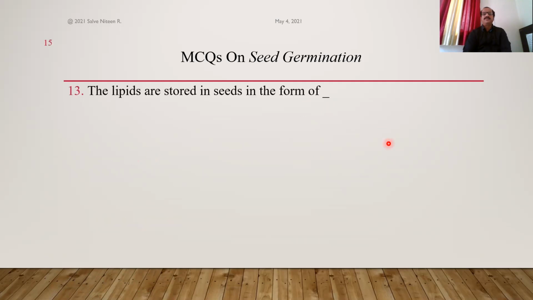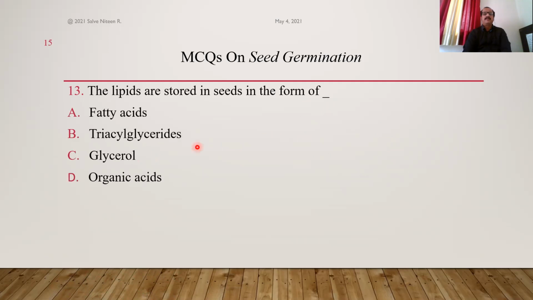The lipids are stored in seeds in the form of triacylglycerides, and these triacylglycerides are degraded with the help of the hydrolytic enzyme known as lipase into fatty acid and glycerol, a type of alcohol.